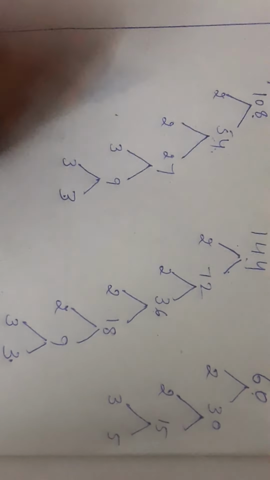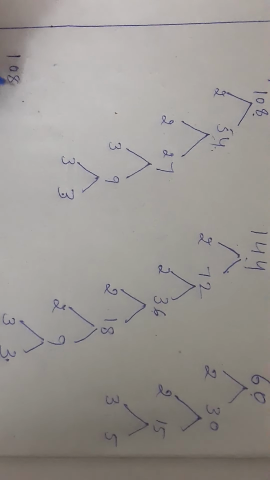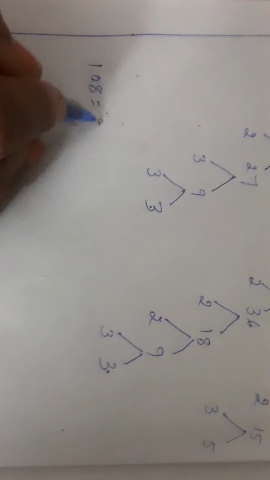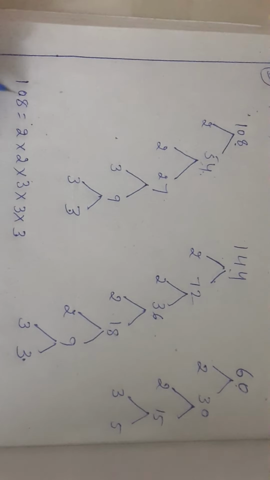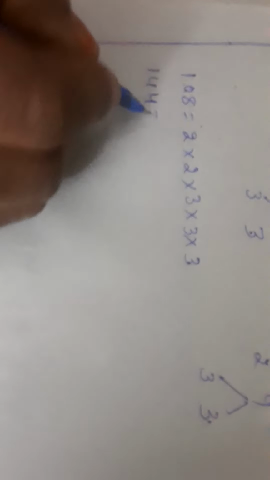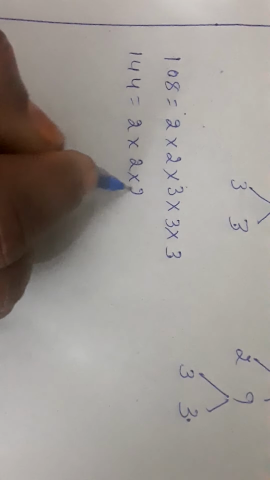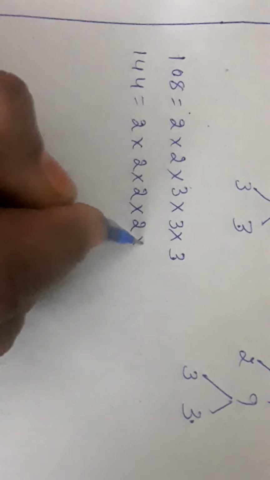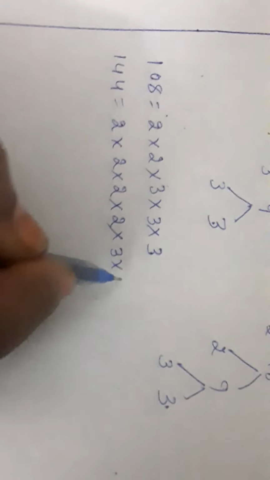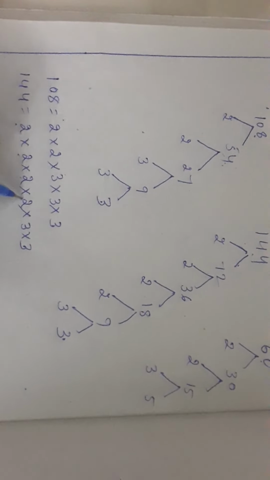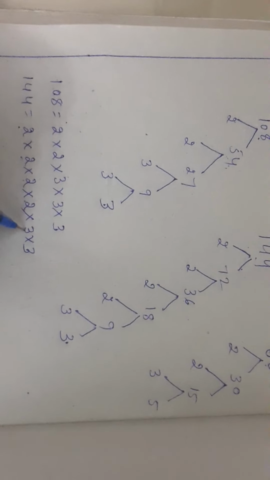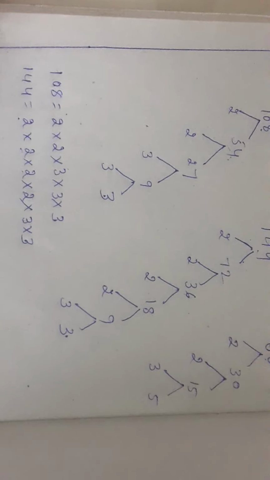So now 108 factors are 2 into 2 into 3 into 3 into 3. Then 144 is equal to 2 into 2 into 2 into 2 into 3 into 3. 2 2s are 4, 4 2s are 8, 8 2s are 16, 16 3s are 48, 48 3s are 144.